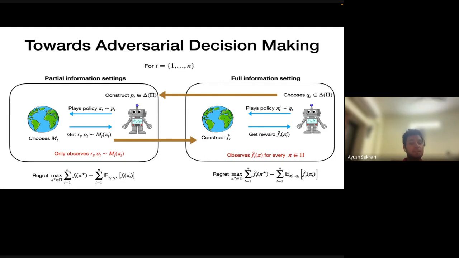In particular, you can think of the two problems independently as trying to do corresponding regret minimizations, where the partial information game minimizes regret with respect to expected rewards f t, and the full information game minimizes regret with respect to expected rewards f hat t, which are constructed by the partial information game. Okay, so any questions at a high level on this sketch before I go into the algorithm?